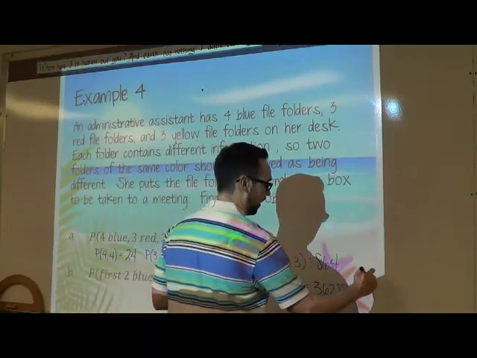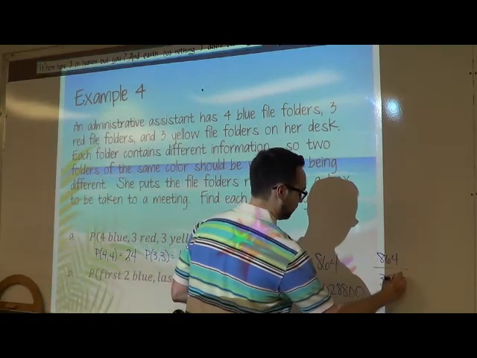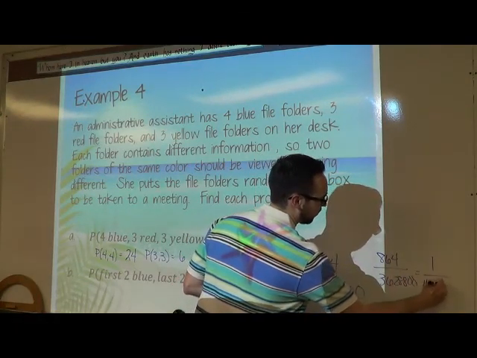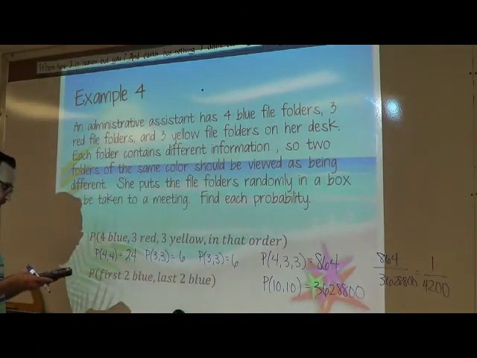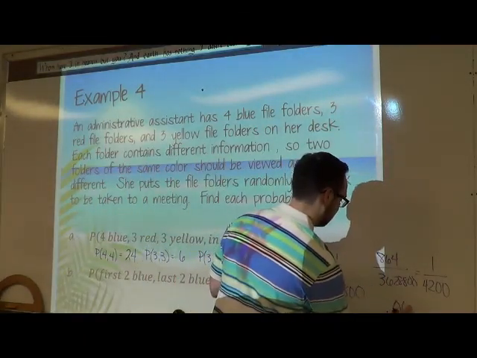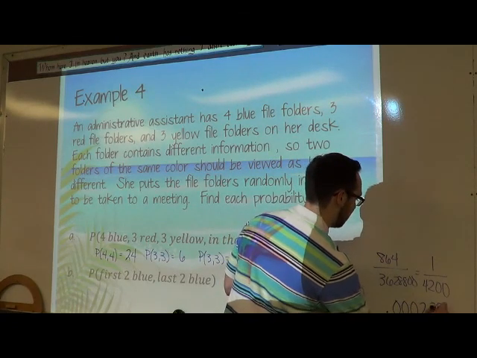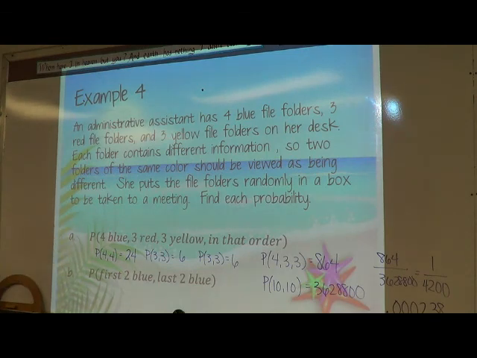When you divide that out, you do 864 divided by 3628800, and you end up with 1 out of 4200. And you can divide that out, and you get a very small decimal of 0.000238. So there's less than a 1% chance that happens.